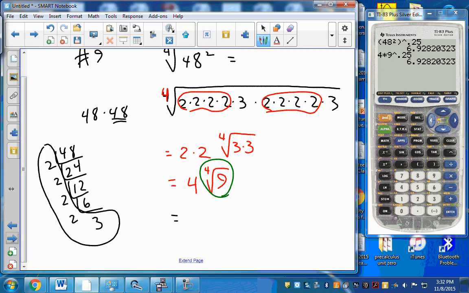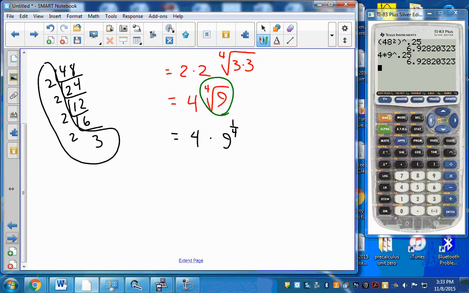So let's see, we have 9 to the 1/4. Right? But what do you know about 9? 9 is the same as 3 squared. So what I'm doing here is I'm writing this 9 as 3 squared.